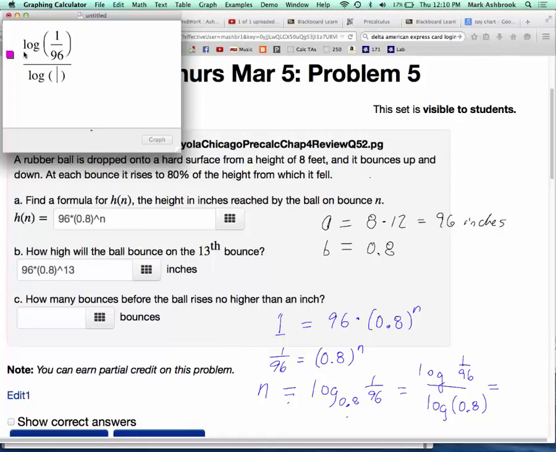Log of 0.8. I got 20.45. Is that what you got too?